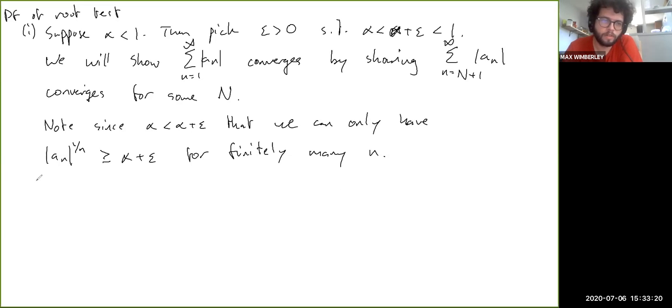Right. So there exists a capital N such that an to the 1 over n, right? This is because alpha is the lim sup of these, right?